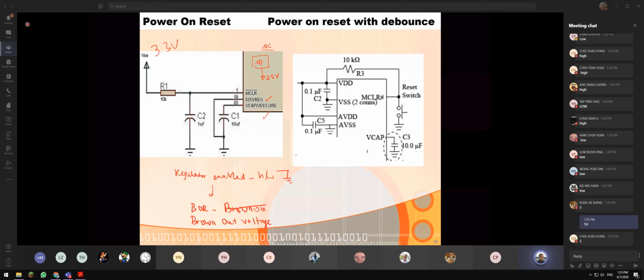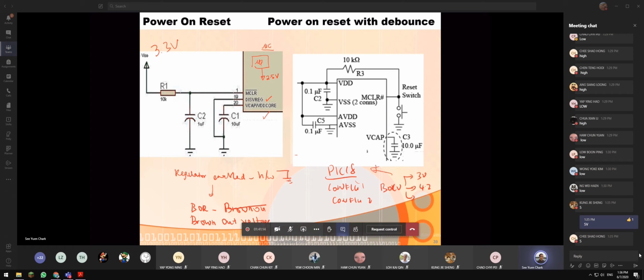Going back to PIC18. PIC18 has a lot of config registers: config 1, config 2. Please have a look. There's one section called BORV that lets you select 3 volt, 4.2 volt or something like that. It means that if your operating voltage drops below the value that you set in the config register, it will auto reset.